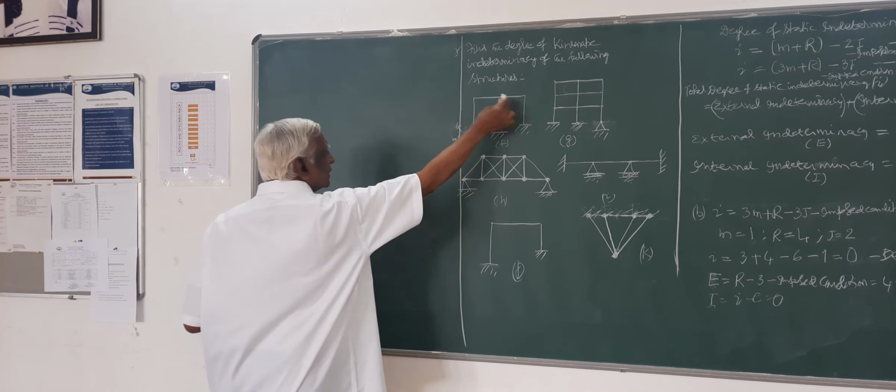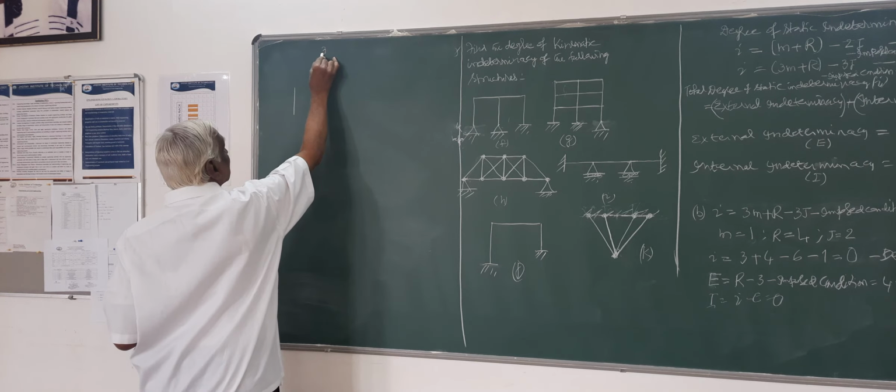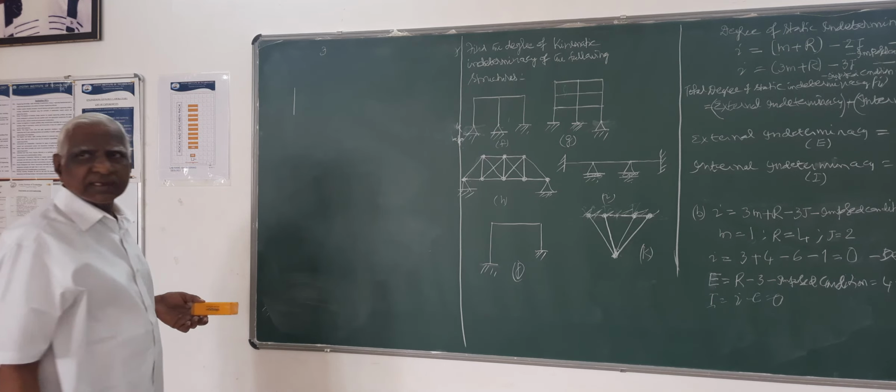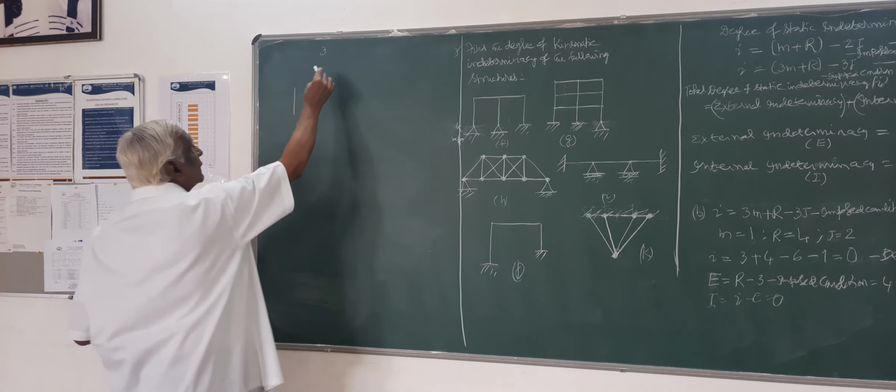As I told you, there will be three displacements in general for a rigid frame structure.